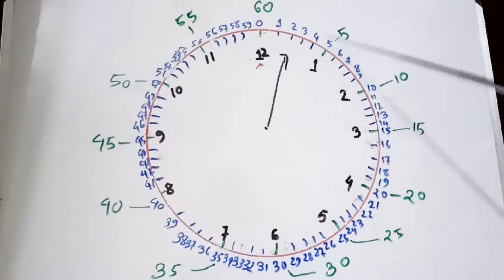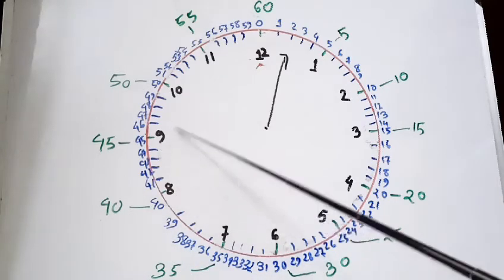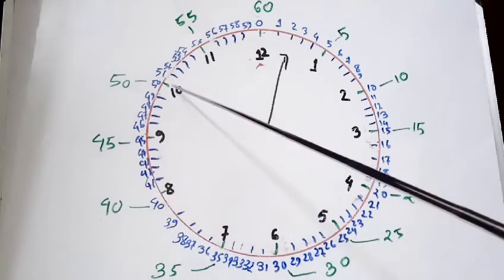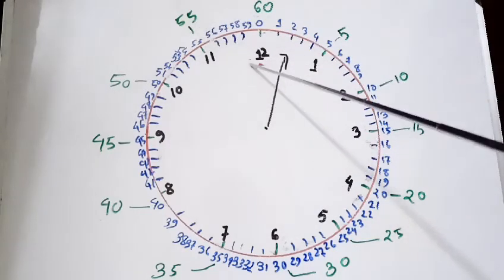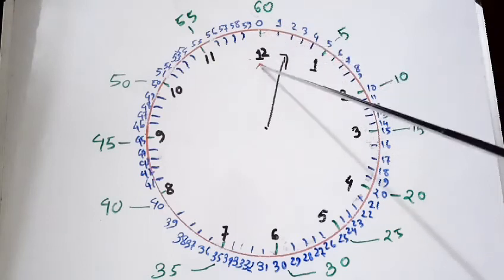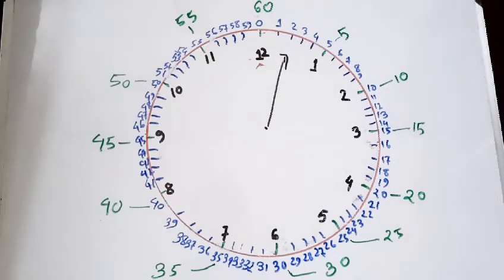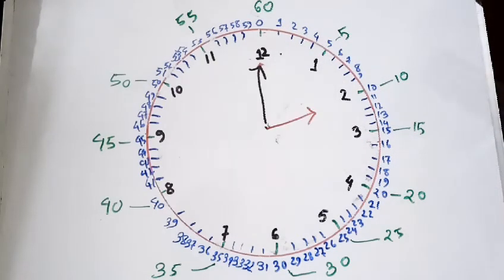Here 1 means 5 minutes, 2 means 10 minutes, 3 means 15 minutes, 4 means 20 minutes, 5 means 25 minutes, 6 means 30 minutes, 7 means 35, 8 fives are 40, 9 fives are 45, 10 fives are 50, 11 fives are 55, 12 fives are 60 minutes, or it has completed a full hour.